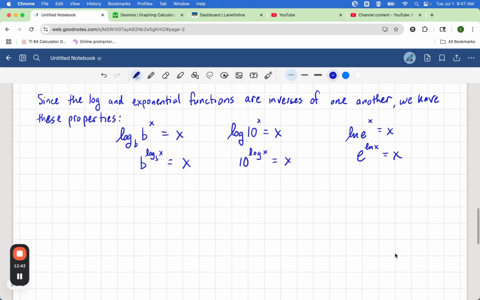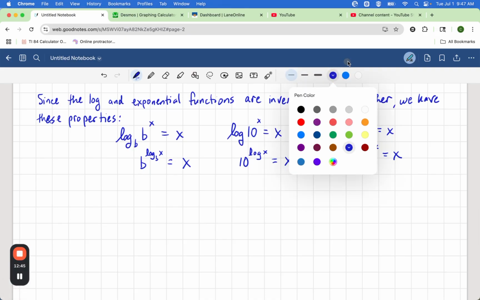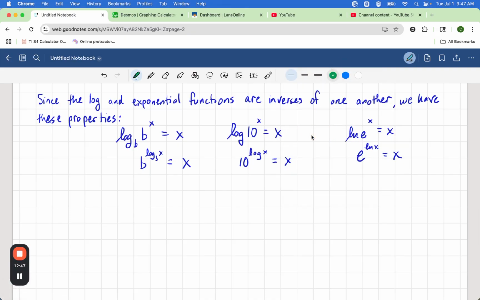Here we go. We are going to do some Desmos work and calculate some other logarithms. So let's look at something like log of 885 on Desmos. We'll look at ln of 45 on Desmos.